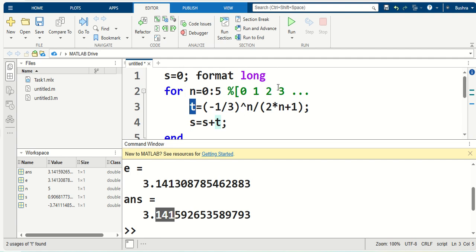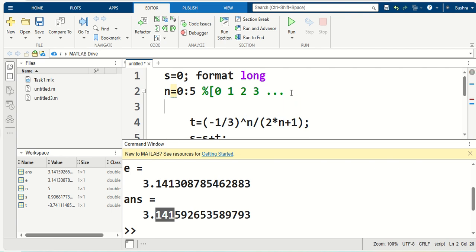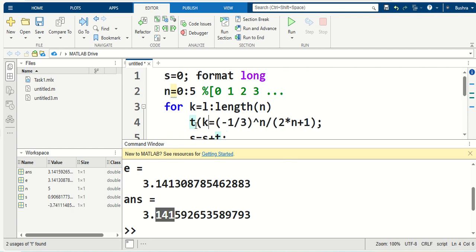You would have saved t in vector form by using array addressing techniques, and in that case you would have kept n outside the loop, and you would have used, for example, k as an index variable, and run it for, let's say, the length of n, fine, and you would have used this k as an element address. So t will not just be t, it will in fact be t of k, and n will not just be n, it will be n of k, so on and so forth. That's it.